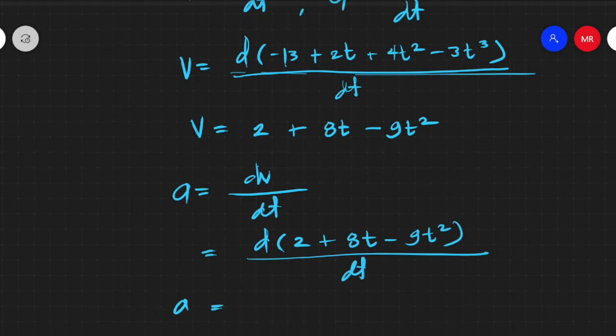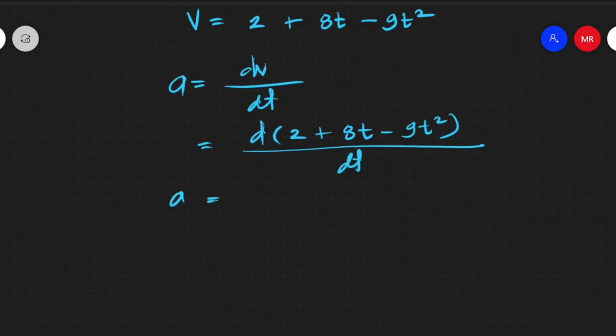Applying differentiation, the term 2 will just be 0. The derivative of 8t with respect to t is 8, and the derivative of negative 9t² is negative 18t. So this is now our acceleration function.